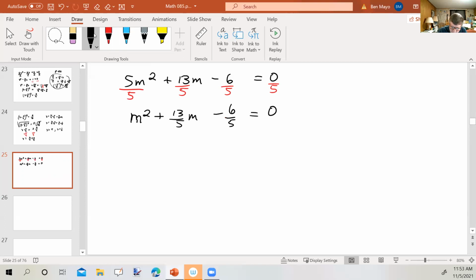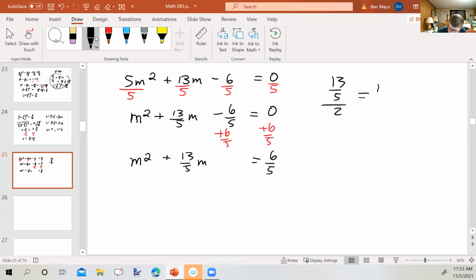The next step is to move the constant term to the other side of the equation. So we'll add 6/5 to both sides. Okay. The next step is to take the coefficient of m and divide it by 2.